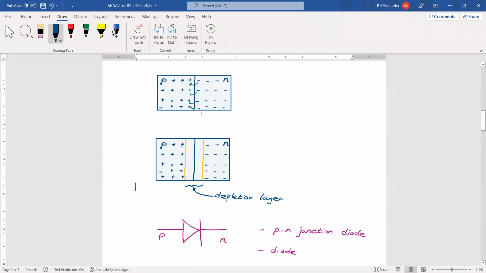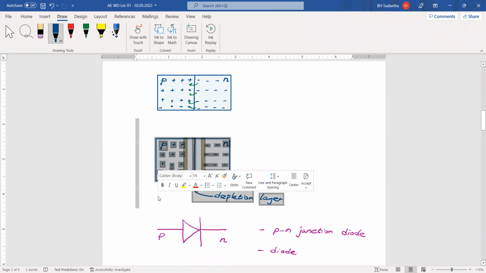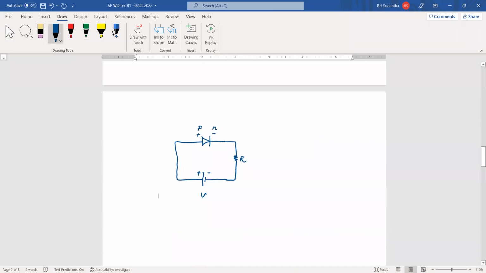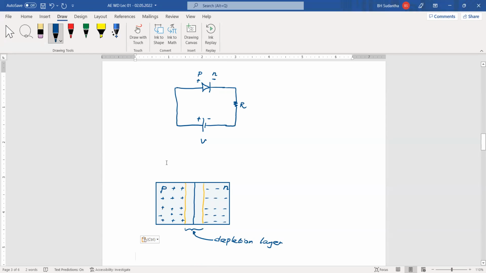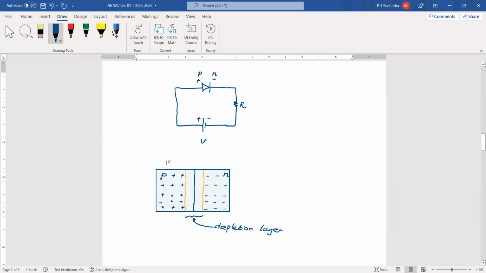Okay, now we can bring this figure up. This is the actual situation here. What we have done is connect our battery like this.